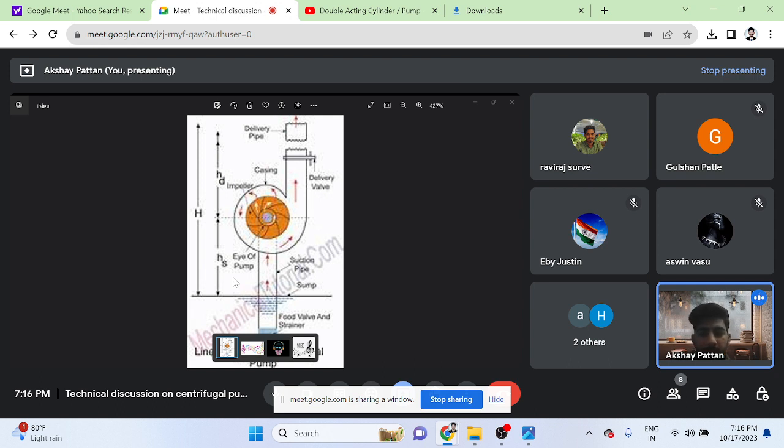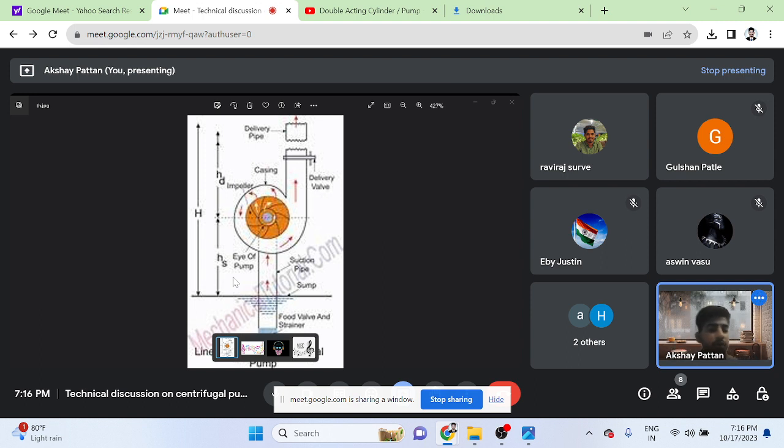So actually, there are two parameters in net positive suction head. One is net positive suction head available, and another one is net positive suction head required. The NPSH available is to be calculated, and the NPSH required is given by the pump manufacturer.